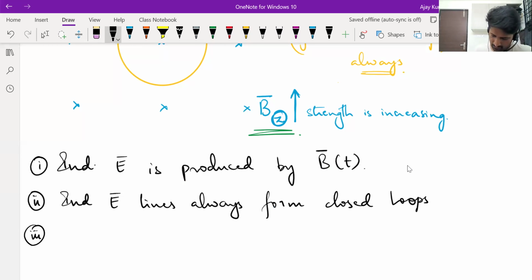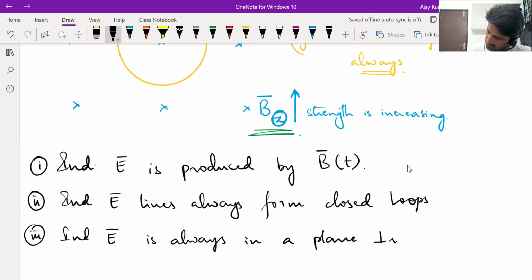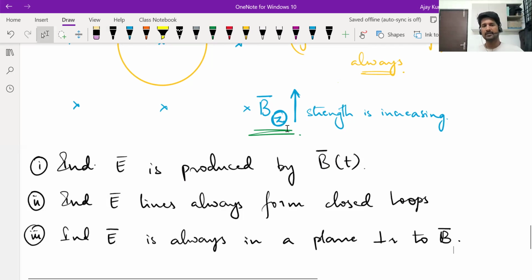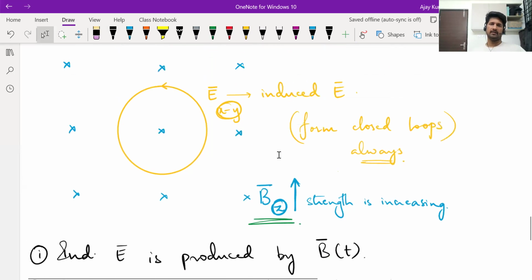Next, induced electric field is always in a plane perpendicular to the magnetic field. So if the magnetic field is in the Z direction, as we have seen in this example, induced electric field lines will be in the XY plane.